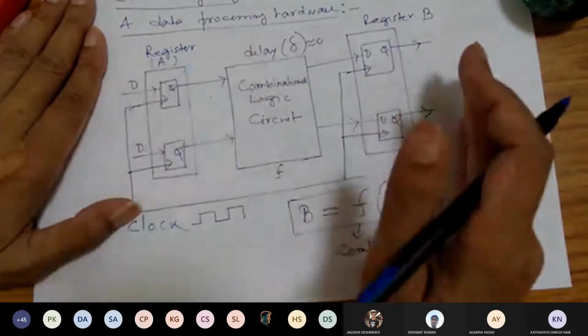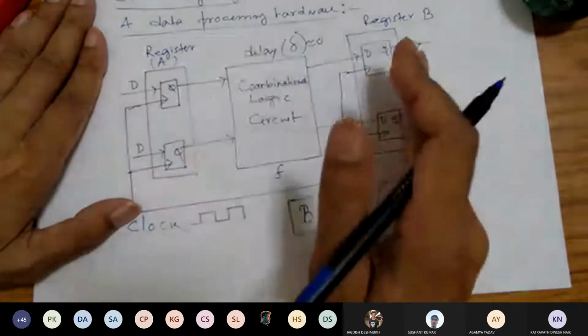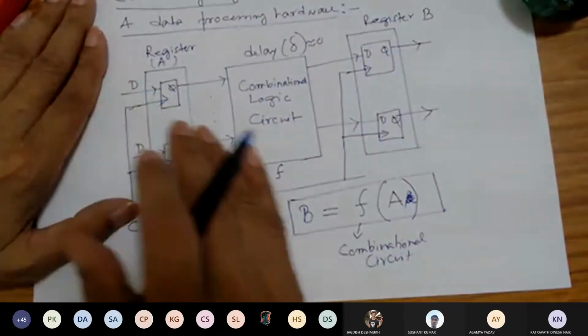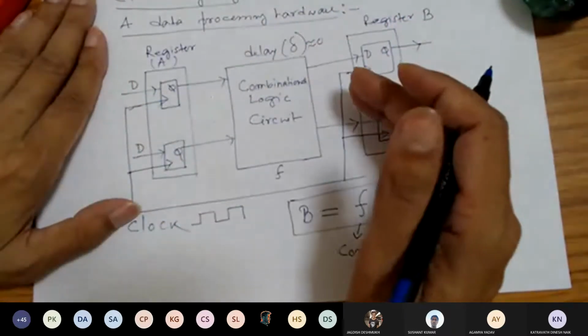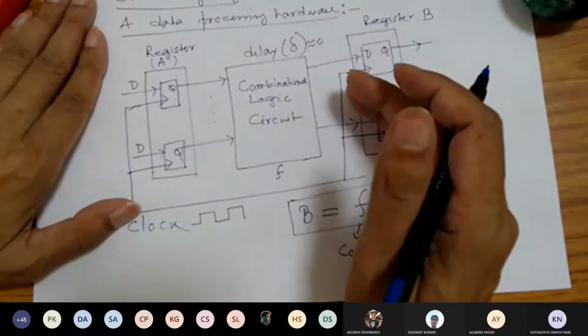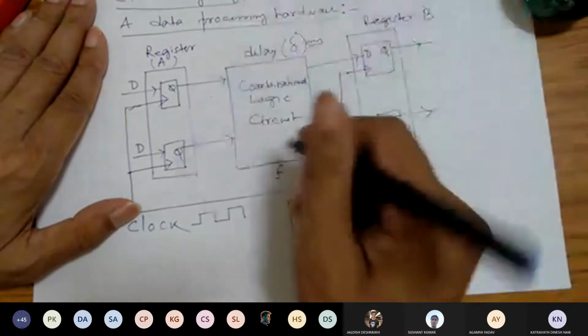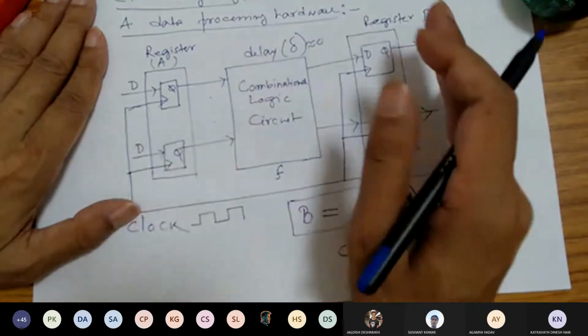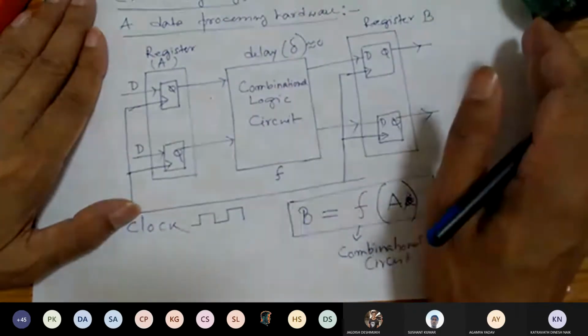It can be a simple transfer, a simple logical operation, a simple arithmetic operation, control signal generation, or decoding. But the data comes, it does something, it produces something, and the result goes to another register.